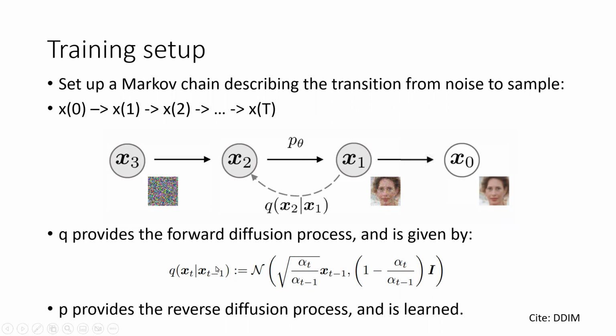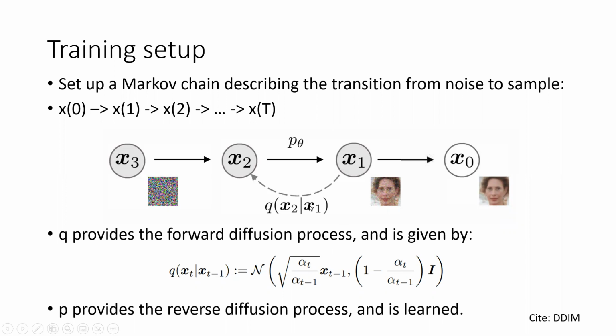Q of xt given xt minus 1 is given by a sample from a normal distribution centered at a weighting term times xt minus 1 with a variance factor of the identity matrix. That's our forward diffusion process, and that's pretty easy.